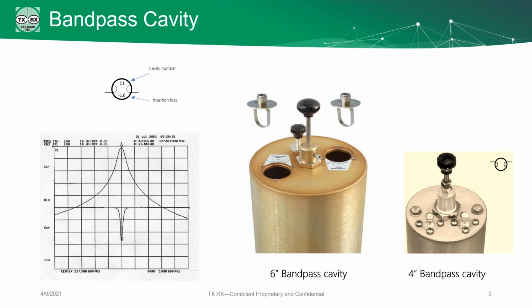The 6-inch cavity shell used in each of the filter slides are identical. The connector loops are the magic that transforms one cavity filter type into another. An electromagnetic field is created inside the cavity when an RF signal travels from the input port to the output port.